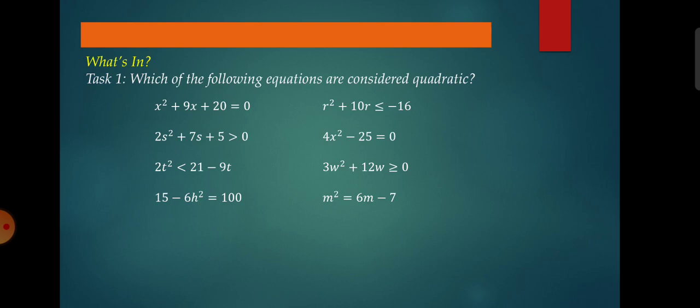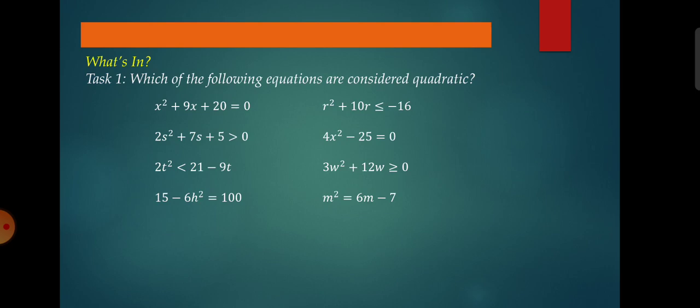When it is rewritten, it could be m squared minus 6m plus 7. Another, 15 minus 6h squared equals 100. If we are going to rewrite that one, it will become positive 6h squared equals... you transfer 100 to the left side, it becomes 15 minus 100, so that is negative 85.